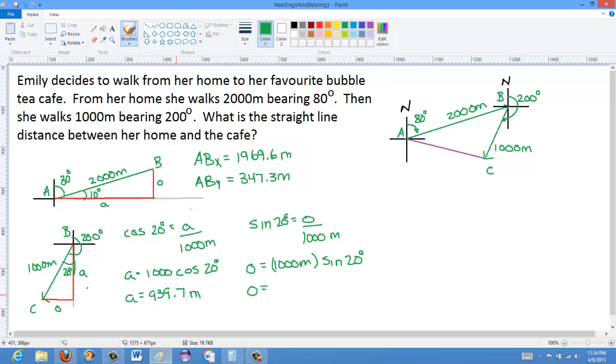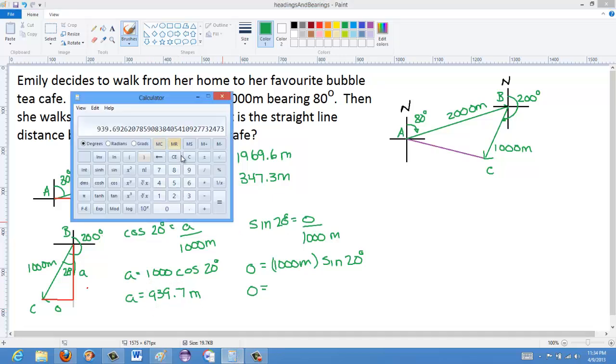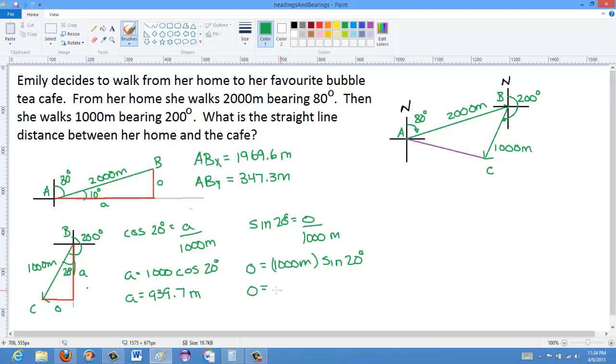So 20 sine times 1,000, that's 342 meters.